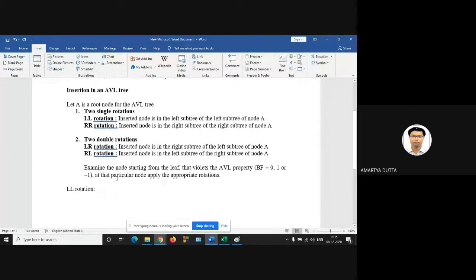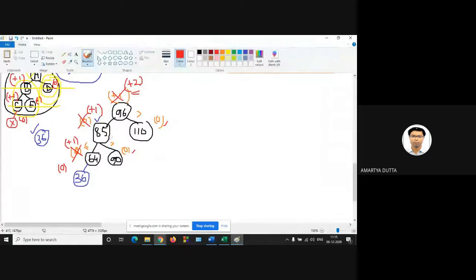Okay. Now 96. So you have to apply the rotation at that particular point. So here, which rotation is appropriate? LL. Why LL?